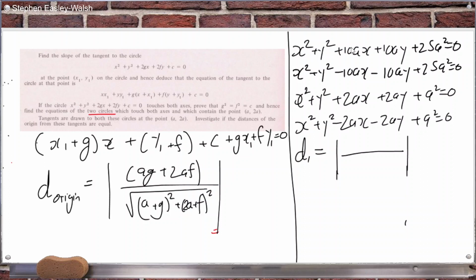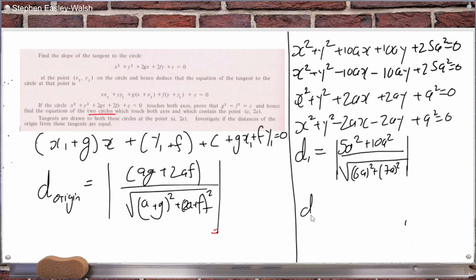Okay, so for the first one, it's 5a, 5a. So that'll be 5a squared plus 10a squared over the square root of 5a, 6a squared plus, and then 7a squared.